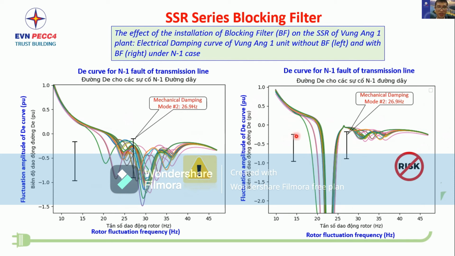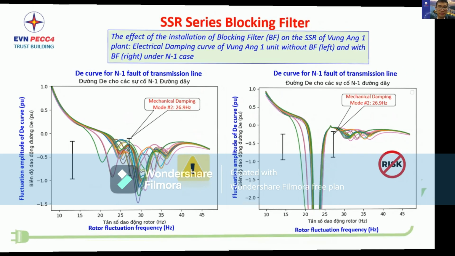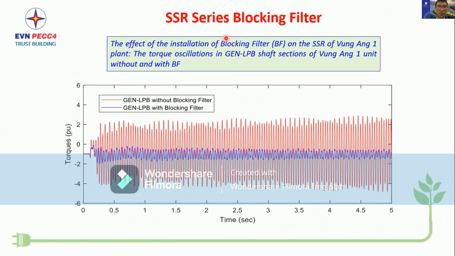And you can see when we install the blocking filter, it is very safe compared to the solution that is not using the blocking filter. So what happened when we apply the blocking filter? We can see here in the simulation, when we use the blocking filter, the oscillation damps very quickly compared to the case that is not using the blocking filter.